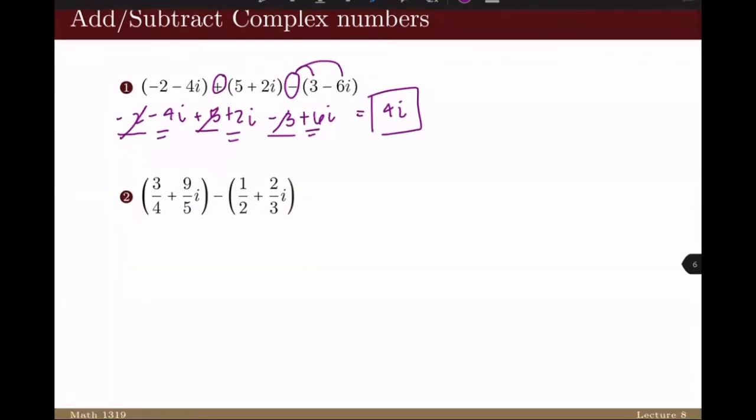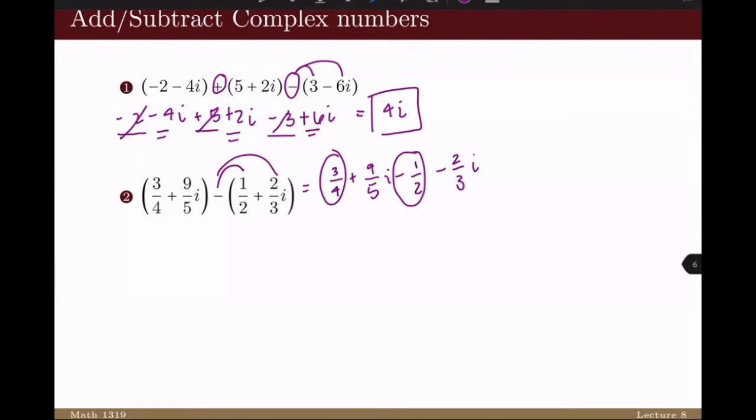Next, with fractions. So let's go ahead and distribute this negative. So we'll get 3 over 4 plus 9 over 5i minus a half minus 2/3 i. And now we'll have to combine these like terms. So let's first do 3/4 minus a half.